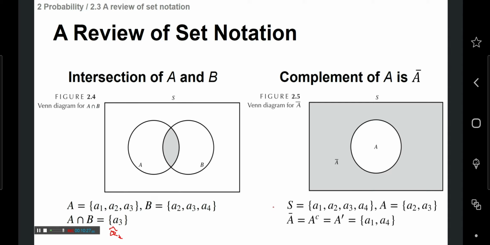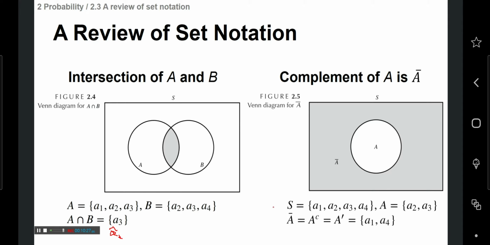For example, if elements A1 and A2 are members of set A, and elements A3 and A4 are elements of set B, then none of the items A1 to A4 are included together. A1 and A2 are only in set A, but not in B, and A3 and A4 are only in set B, but not in A. In this case, we say that set A and set B are mutually exclusive.